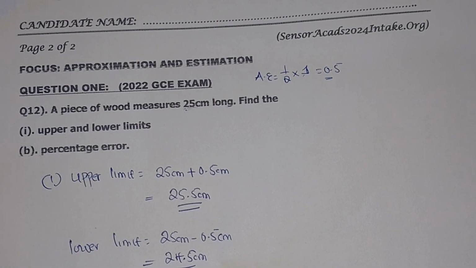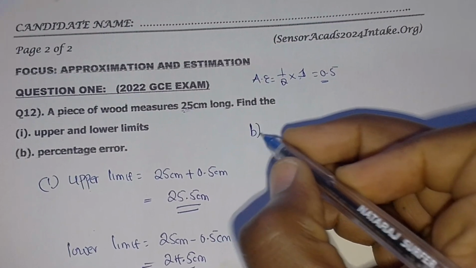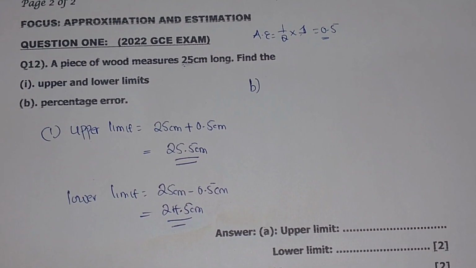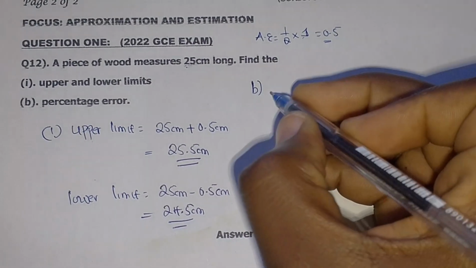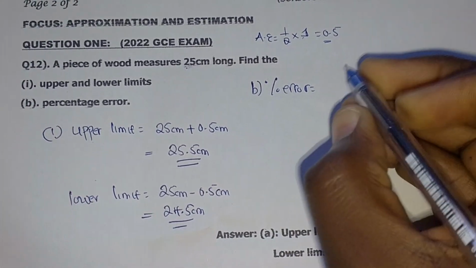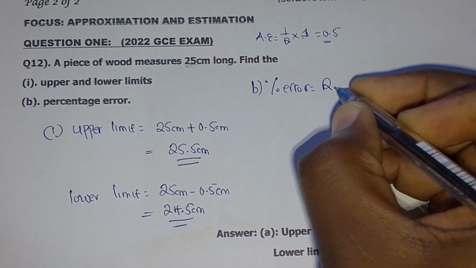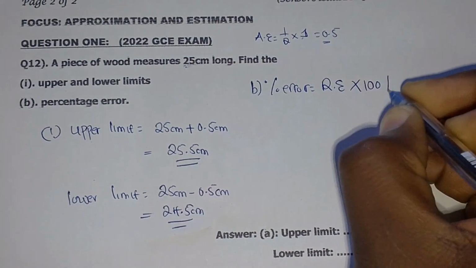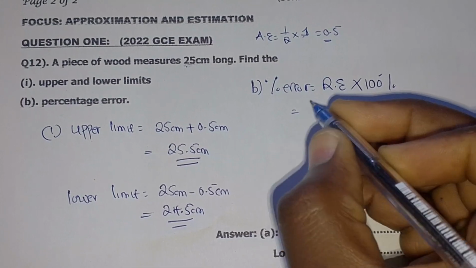So when we've done that, we're going to proceed to B, or Roman numeral 2, which says find the percentage error. So to find the percentage error, we're going to say percentage error is the relative error multiplied by 100%.